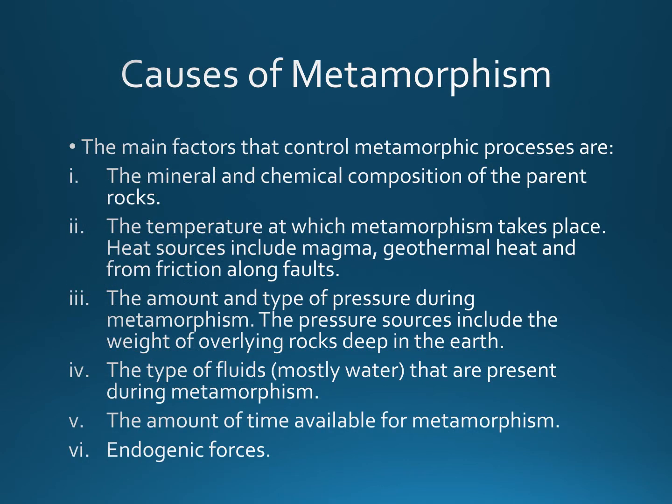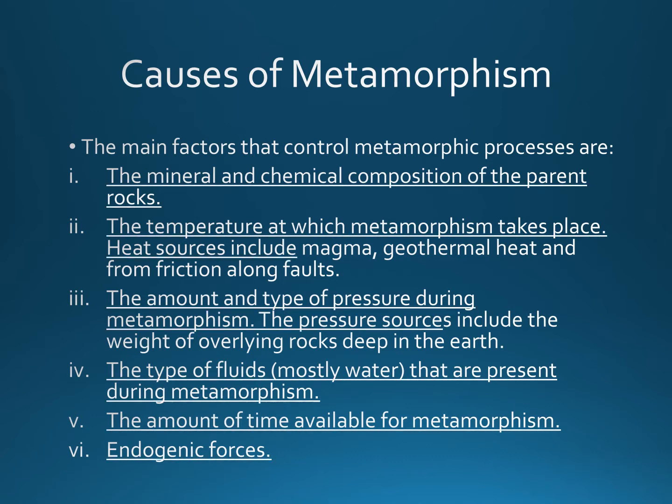The main factors that control metamorphic processes are the mineral and chemical composition of the parent rocks, and the temperature at which metamorphism takes place. Heat sources include magma, geothermal heat, and friction along the faults.